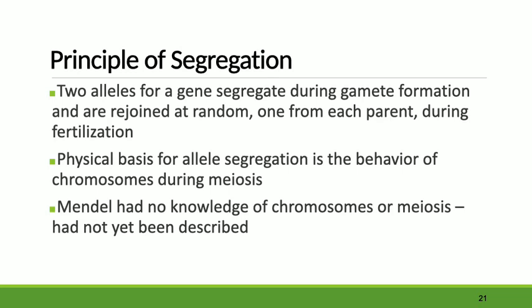All right, I hope you did that pausing and digesting. I will show you on a diagram what this means, and it all has to do with what happens during meiosis, which is the formation of eggs and sperm learned about in the last chapter. And of course, Mendel at this point did not know anything about chromosomes or meiosis. None of that has been discovered or described yet at all.